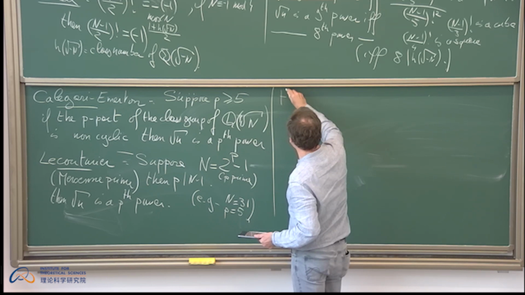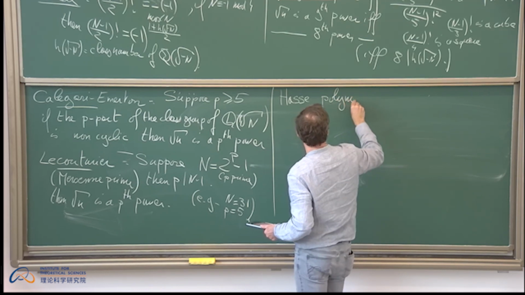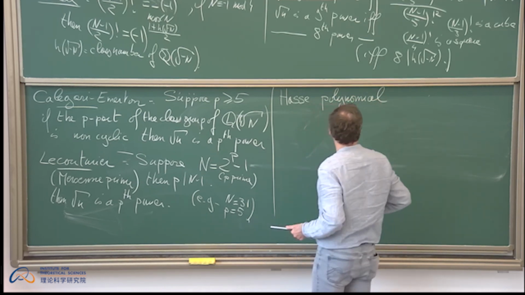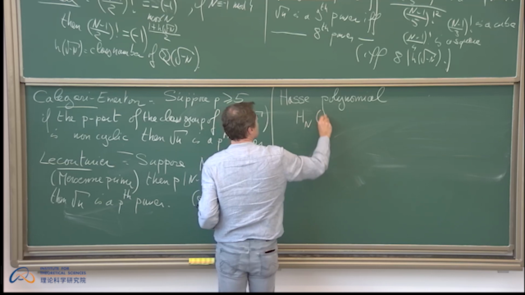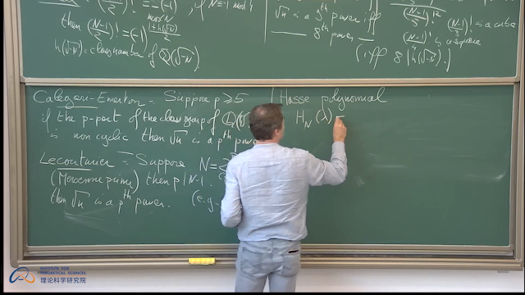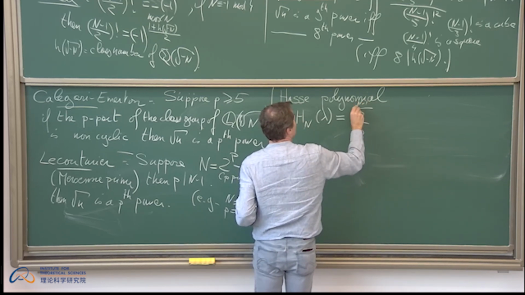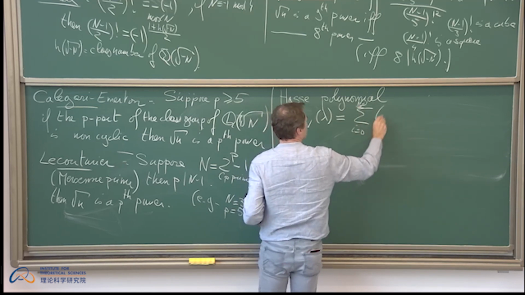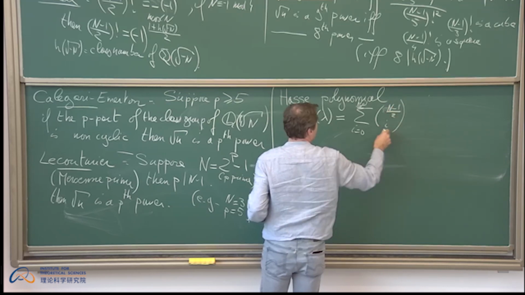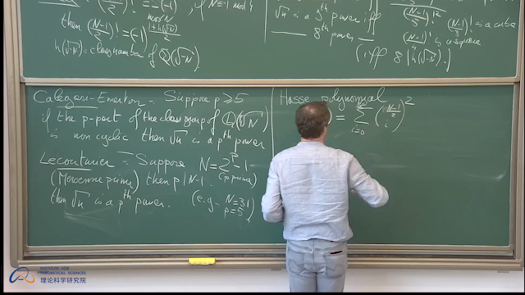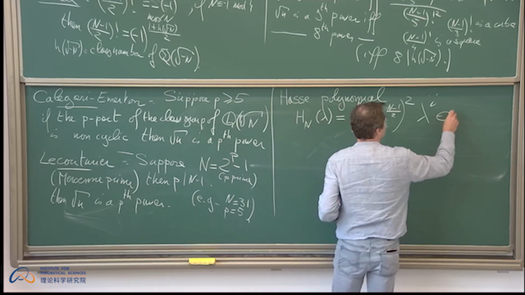Here is another connection that you might find surprising. Consider the Hasse polynomial. It's defined as follows. It depends on the prime number n, and it is the sum from i equals 0 to (n minus 1)/2 of the binomial coefficient squared times lambda to the i, and you take it mod n.